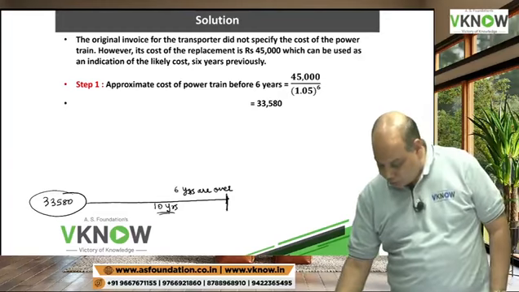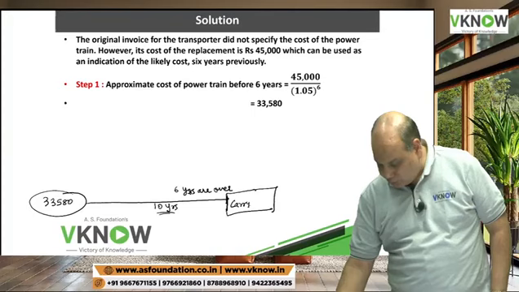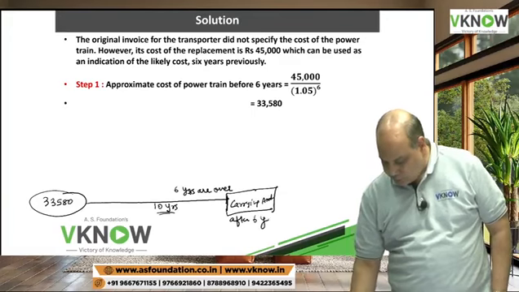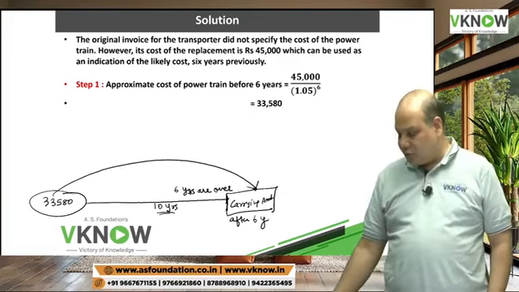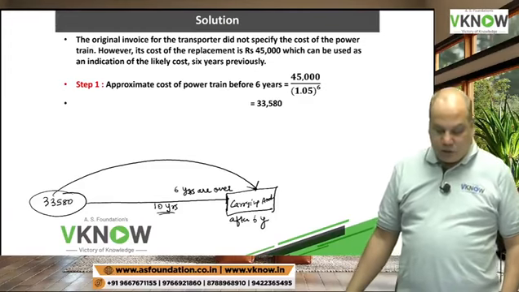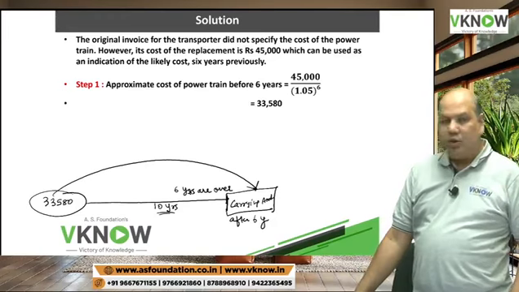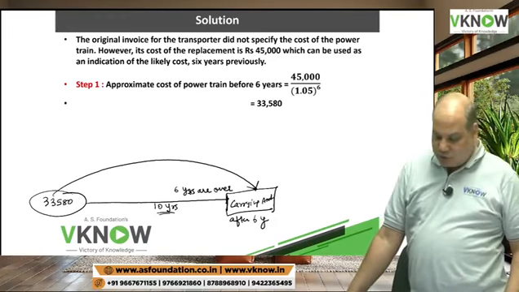So can you tell me now what will be the carrying amount after 6 years? What will be the carrying amount of this power train after 6 years? Please try. Unless you try, you will not understand.